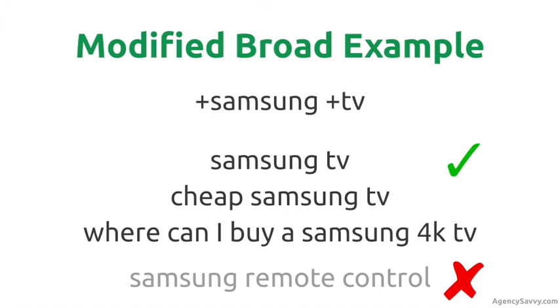Sometimes starting with exact match only might be okay. Sometimes that might be too limiting, and you might want to go one level out and use phrase match. It's really up to you. You're more than welcome to use modified broad, but you're going to have to think a bit harder about your negative keywords if you're going to go with modified broad. And I would strongly suggest that you do not use broad match keywords yet. You can always use those later on.